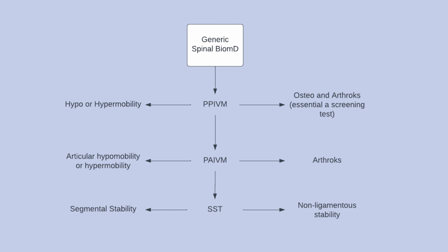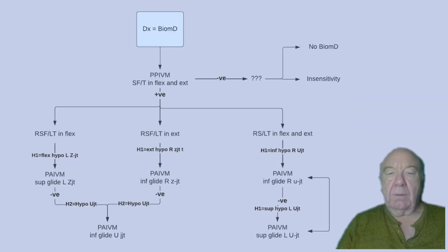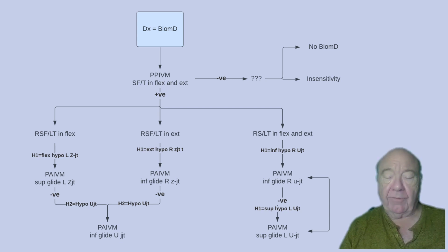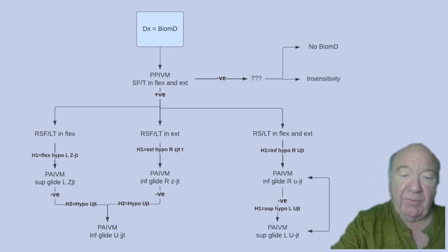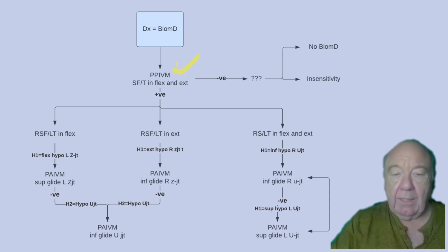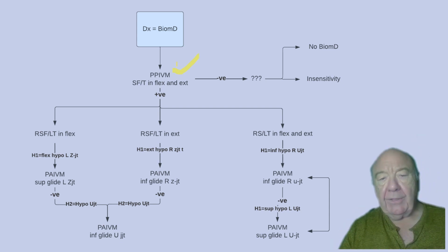Okay, so carrying on from what we just spoke about, we're going to apply this to the biomechanical examination of the cervical spine from C2 down through C7. C1 and 2 craniovertebral joints are assessed differently. So we start off with our PPIVM here, and essentially these are screening tests.